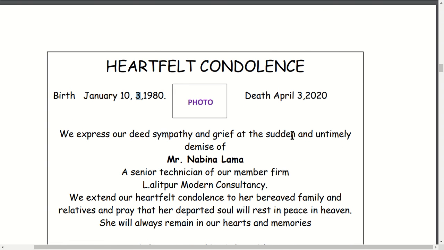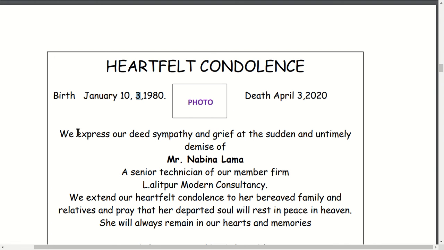Okay, now this is also very easy to write. This is a message of condolence. It is written to be published in a newspaper. It is also very easy here.